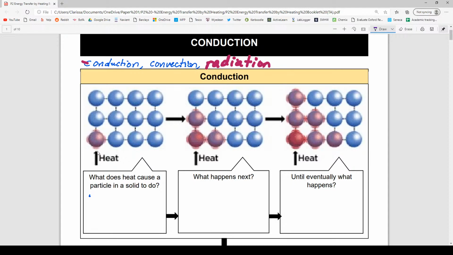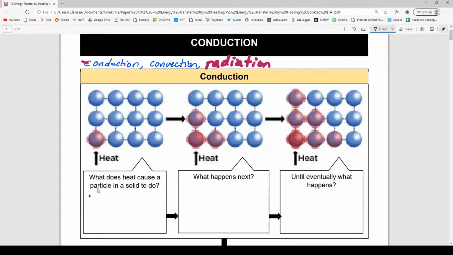Now let's imagine that we heated up one of these particles. In this diagram, what we're heating up is this bottom left particle here. We're adding a little bit of heat to it. Well, when we're adding heat to a particle in a solid, it starts moving a lot faster, meaning it starts vibrating a lot faster on the spot. I'm going to write that down.